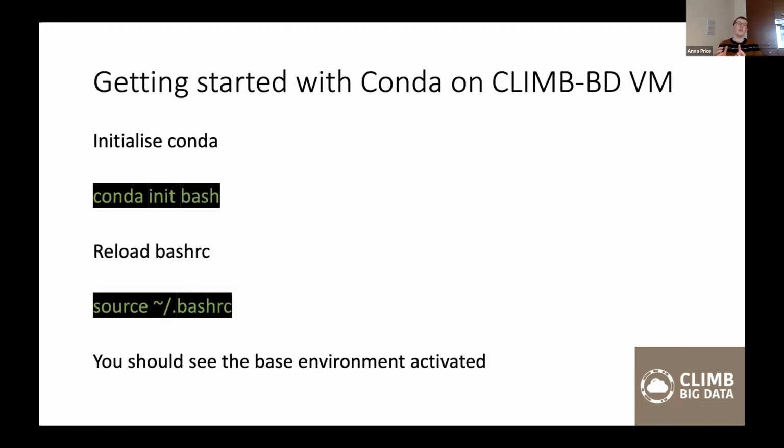You'll know if Conda has been activated because you should see the base environment, so base in brackets, at the start of your command prompt, and conda activate and conda deactivate will work properly. This is all explained in the README on the GitHub as well.